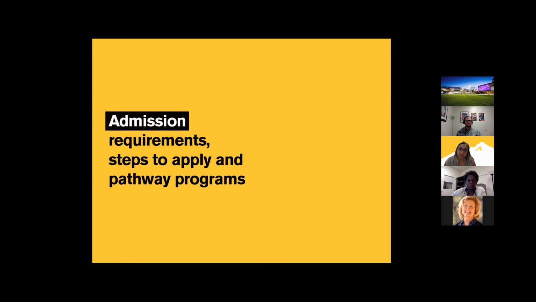You would just complete the application online, pay the application fee, and then send us your transcripts. And we have rolling admissions. So once we get all that, you'd get an admissions decision within about 1 to 2 weeks. And after you've been admitted, you'll be assigned an advisor who can review your transfer coursework and give you your plan at ASU to complete your degree.